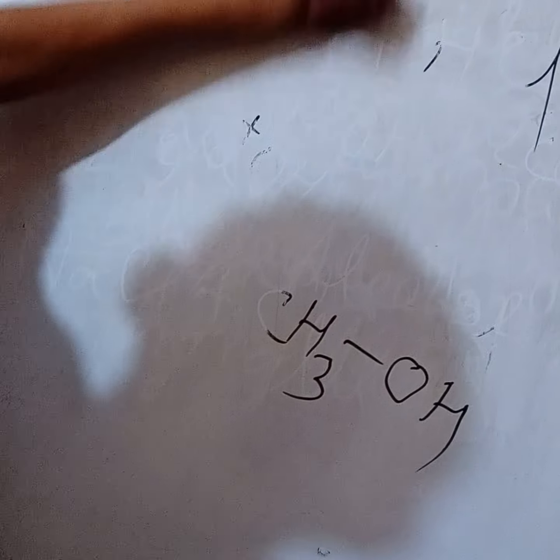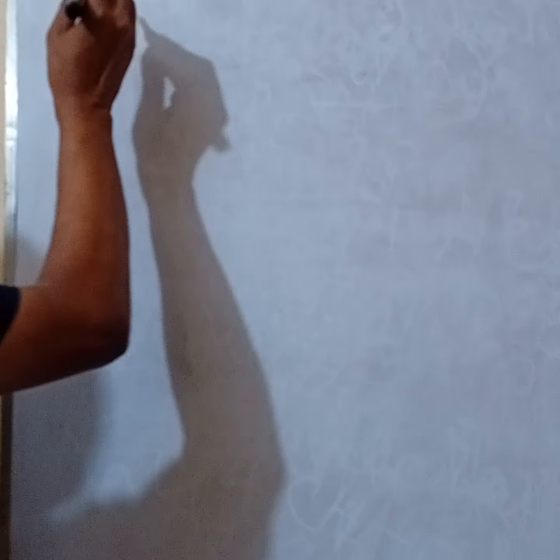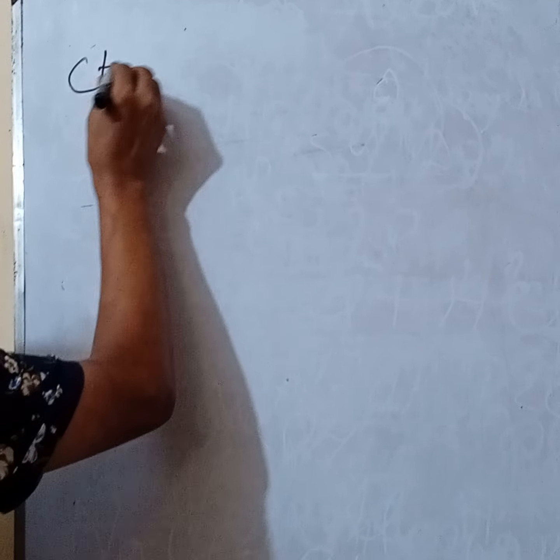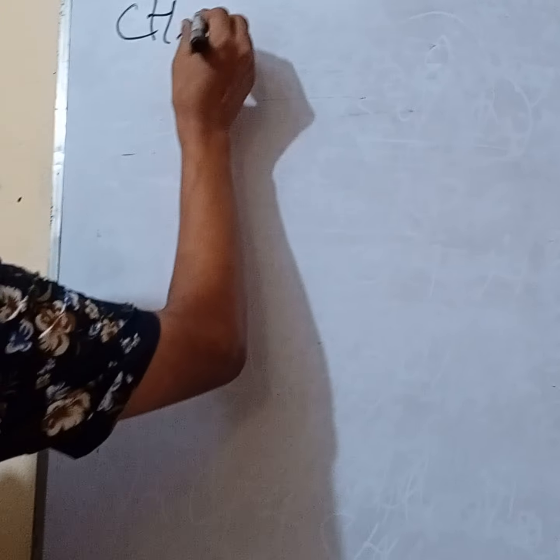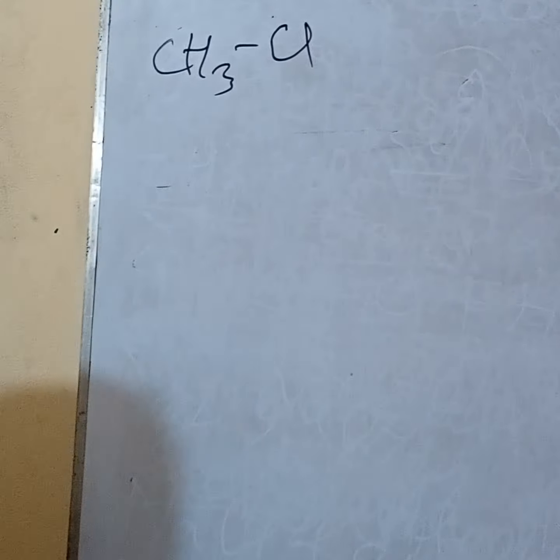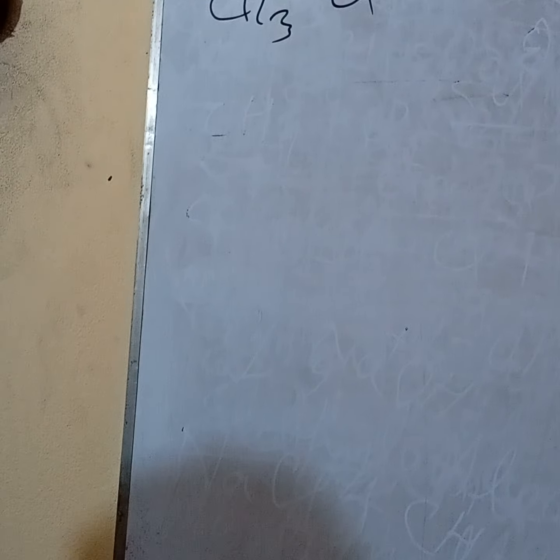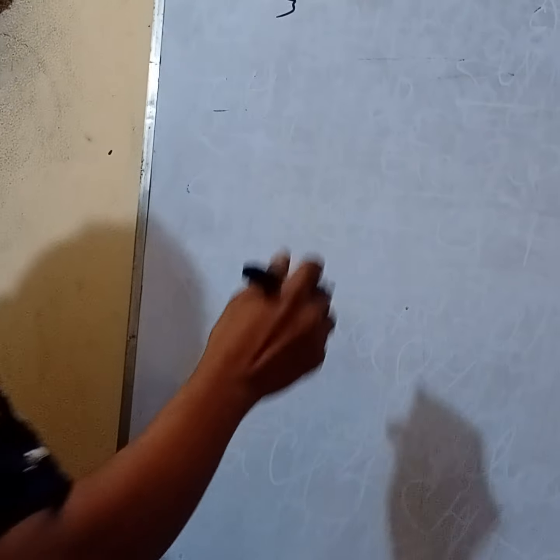How did I create ethyl alcohol from methyl? In the previous lecture I explained it. Suppose methyl chloride. How is methyl chloride created? Methane plus chlorine under ultraviolet ray.